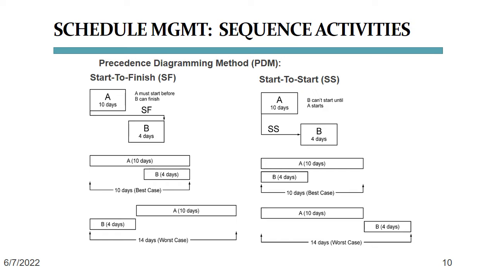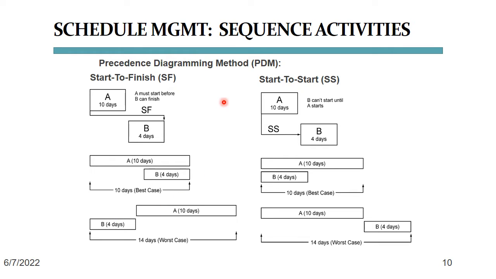Two other ways of connecting activities are start to finish and start to start. If we're using start to finish, activity A must start before B can finish. In an ideal situation, this means that A and B finish at the same time, as long as A starts before B finishes. In the worst case, A starts after B finishes.